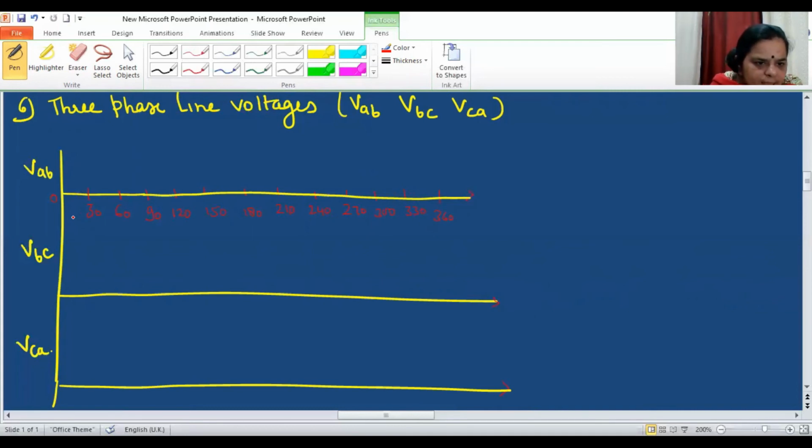Now let us extend these instants so that the instants of all three line voltages match and we can see the phase displacement. So let us draw these waveforms.